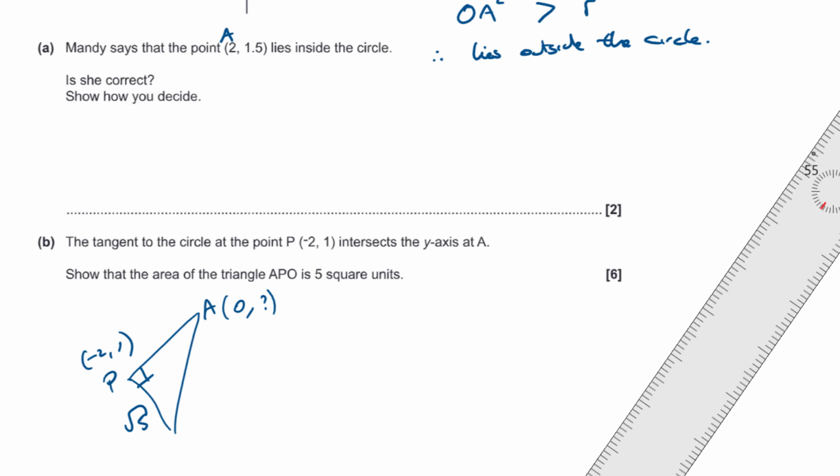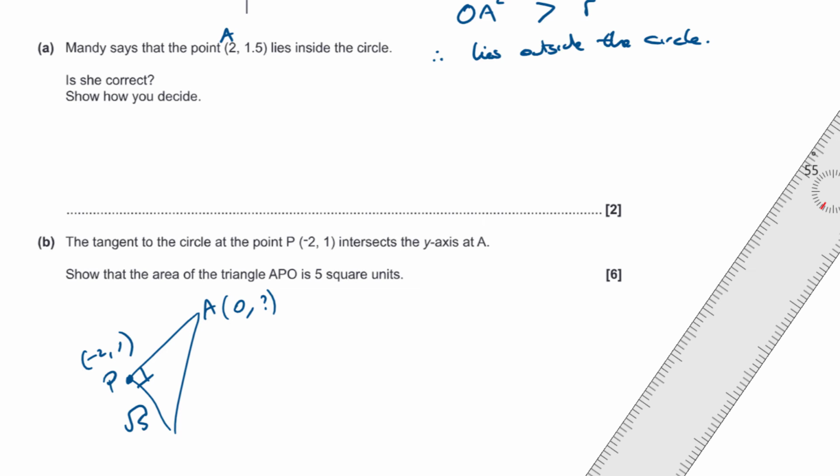I think we're going to have to find the equation of the line AP. If we know the equation of the line, then we'll know what the y-intercept is, because it will be the c value of that equation. In order to find the equation of the line, I need either 2 points on the line, which I don't have because I don't have the point A, or 1 point, which I have, and the gradient.